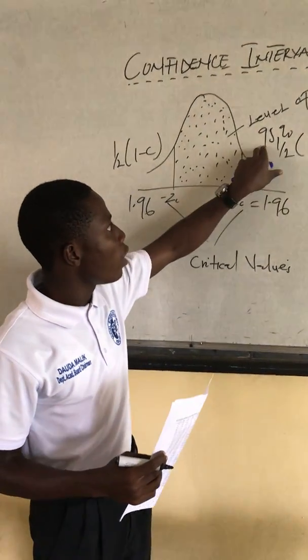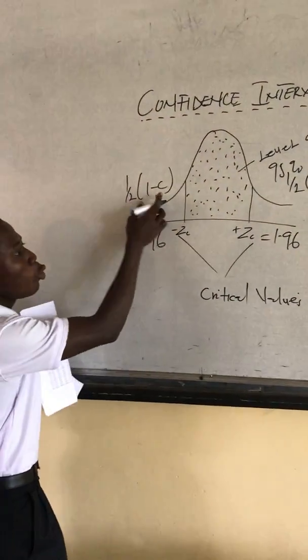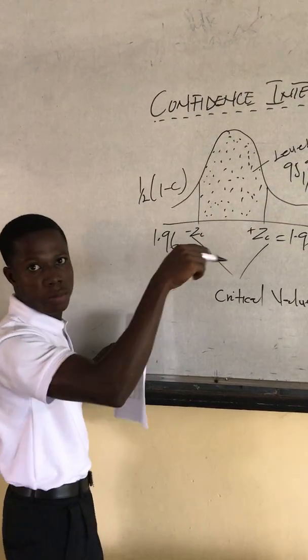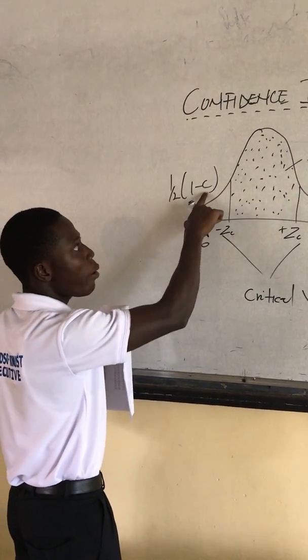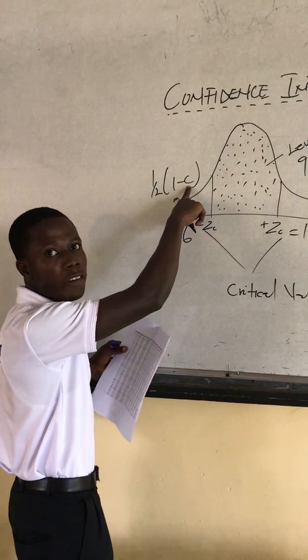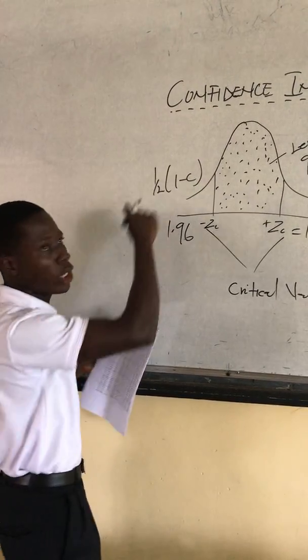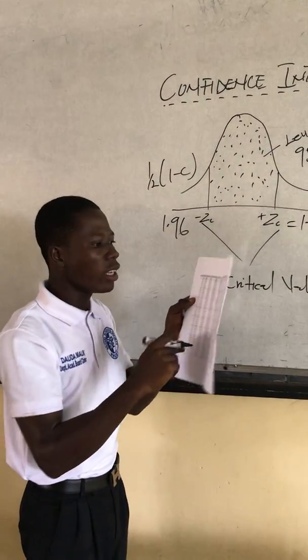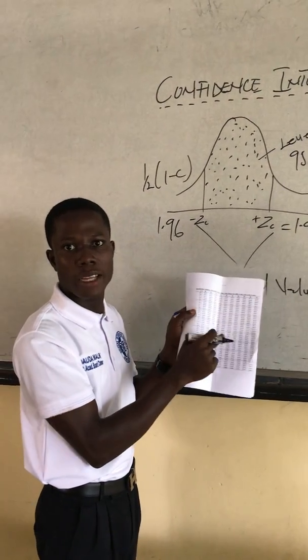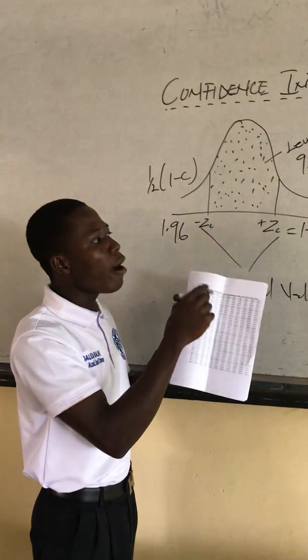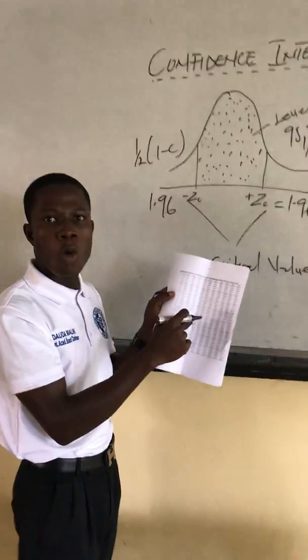So this is the formula. First of all, you change the percentage to decimal. Then you put it here where we have the C. The C represents the level of confidence. When you input this on a calculator, the answer that you get, you go to the table and find it there. The area of 0.025 on the table corresponds to 1.96 Z score.